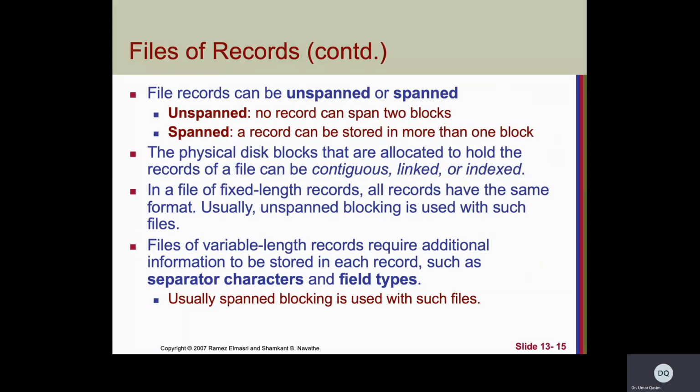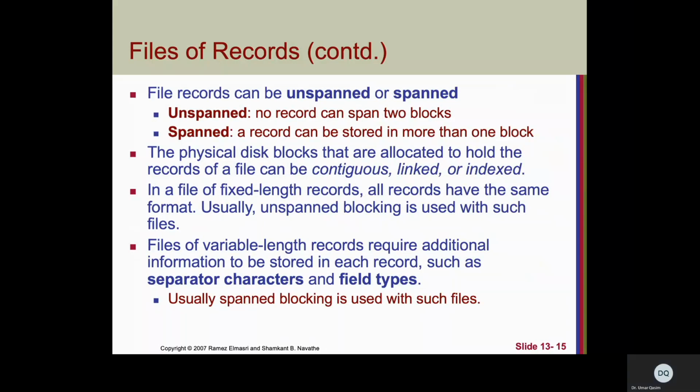So there are several ways this organization can happen. In a file of fixed length records, all records have the same format. So you have, let's say, 71 bytes. So all the records are taking 71 bytes.